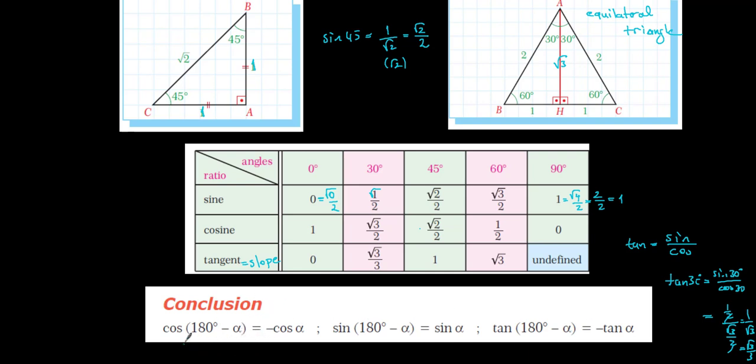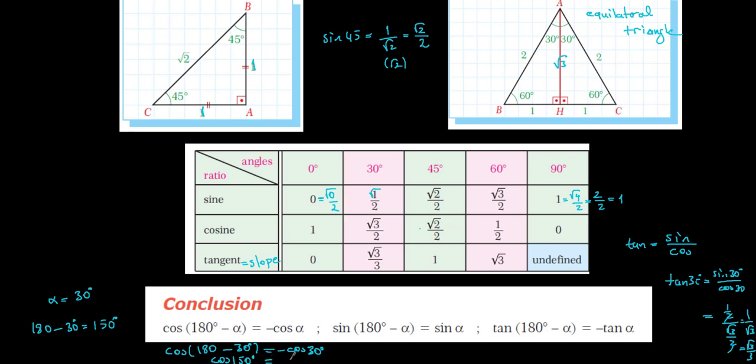Which means that if alpha is equal to, let's say, 30 degrees, if this 30 is a special angle for us also, 180 minus 30 is going to be special for us, which is 150. Because, as mentioned here, cosine 180 minus 30 is equal to minus cosine 30. You will remember cosine 30 from the table. And this is equal to cosine 150.